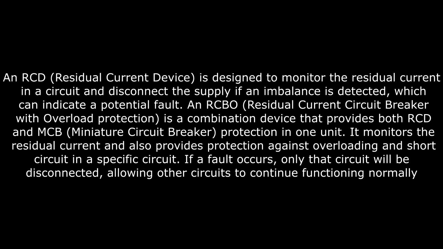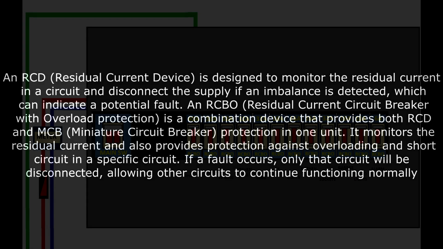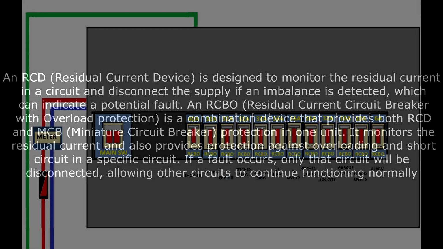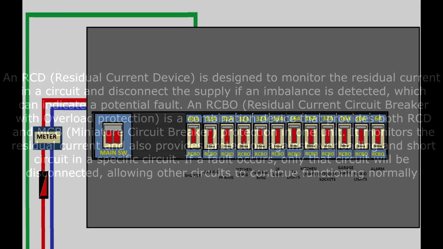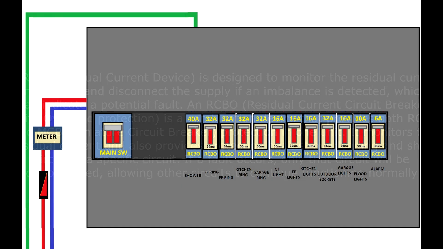For convenience, you can use RCBOs. While a residual current device is designed to monitor the residual current in a circuit and disconnect the supply if an imbalance is detected, which can indicate a potential fault, an RCBO is a residual current circuit breaker with overload protection.